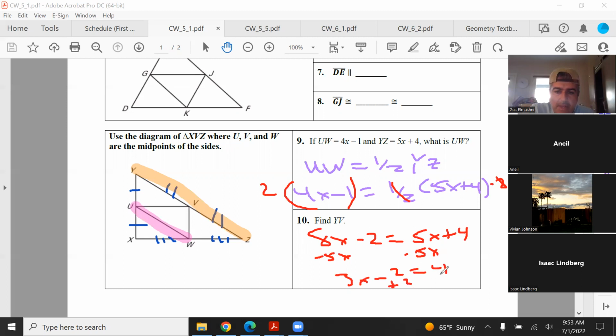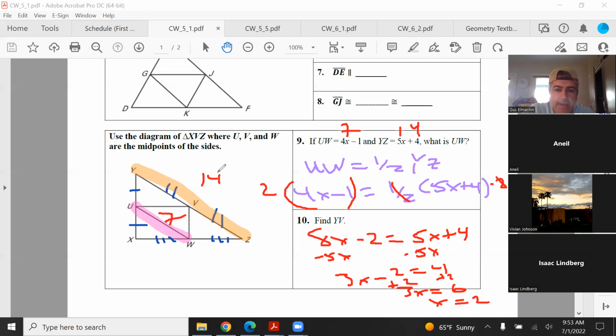Add 2 to both sides. X is 2. And then they want UW, so that'll be 7. Which makes sense because if you plug 2 into YZ, you get 14, and 7 is half of 14. So I feel good about that. So hopefully that's all good.